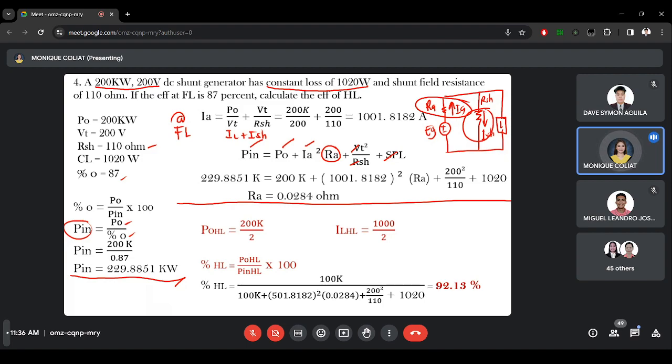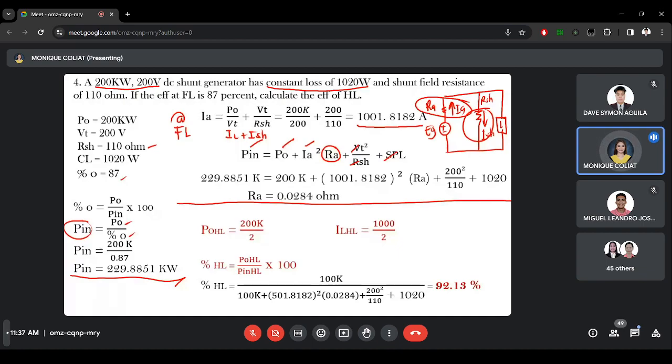Ang matitira is yung naka-minus dito sa kabilang side, and 1,001.8182 squared times RA. I-divide nyo both sides by 1,001.8182 squared, then you will get your RA. Okay? So what is your RA? 0.0284 ohm. Again, I need to see the equation of RA, okay? As I've said last week, shift solve is for checking only. Okay? So now that we have RA, we can now move to the second condition.